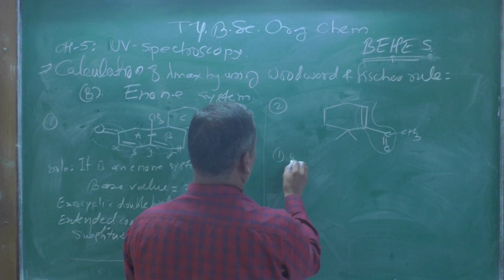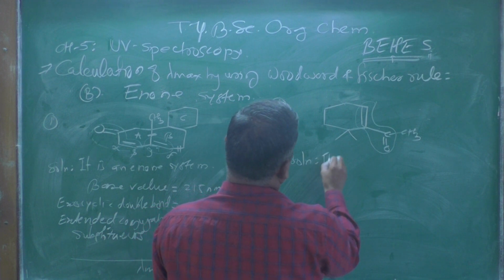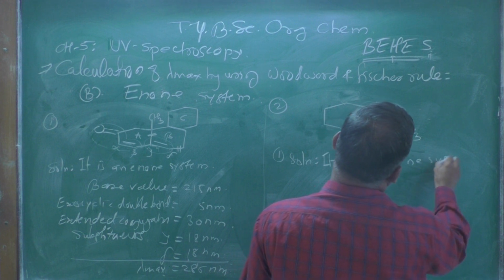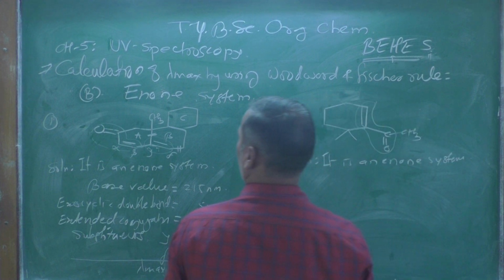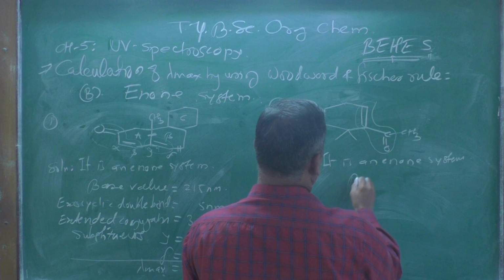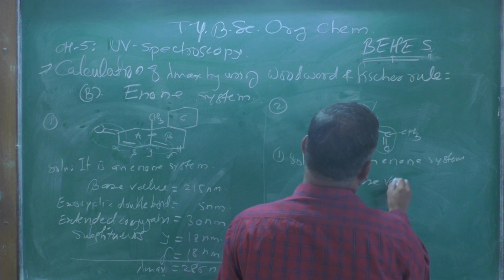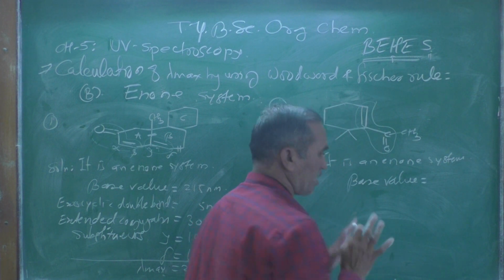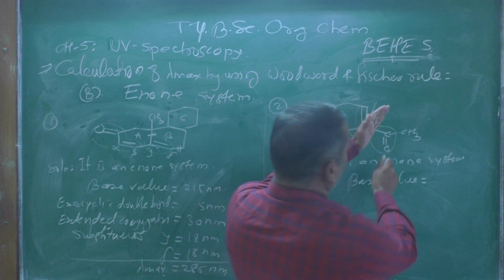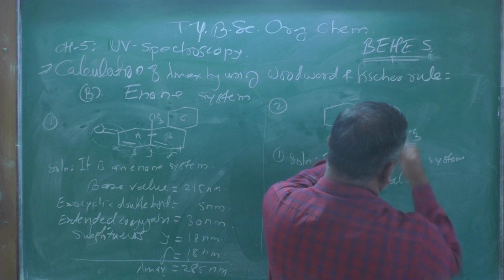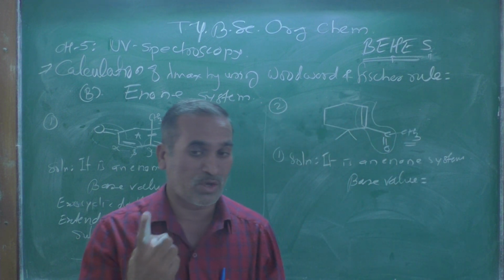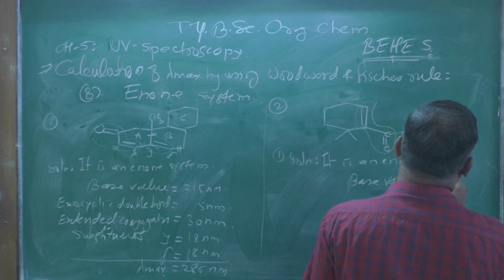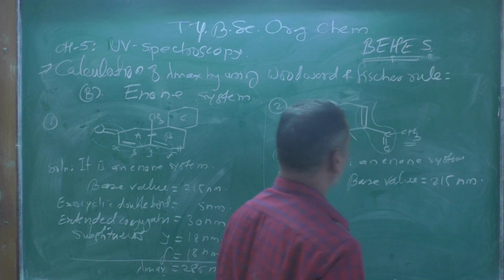Once you recognize that it is an enone system, how much is the base value? There are three base values depending upon the Z value. Here R means a methyl group is here. So what is the base value for this? You should take 215 nanometer as the base value.